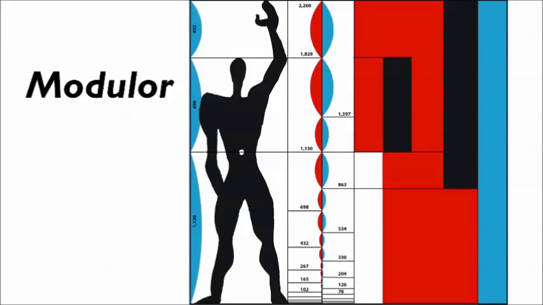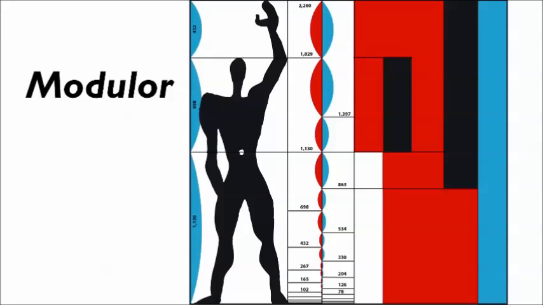The modular is another proportioning system that is based on several of the things that we've talked about. It's based on Fibonacci numbers, it's based on the golden ratio, the golden section. And this was created by the French architect Le Corbusier in the earlier part of the 20th century.